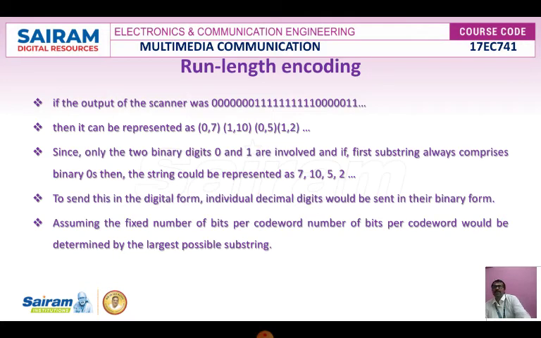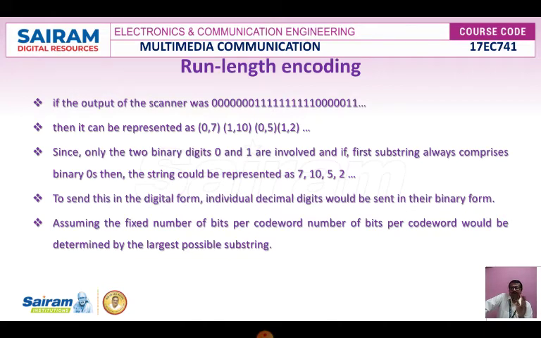Alternatively, since only two binary digits, zeros and ones, are involved, we ensure that the first substring always comprises binary 0, and then the string can be represented as 7, 10, 5, 2. To send this in digital form, the individual decimal digits would be sent in their binary form.